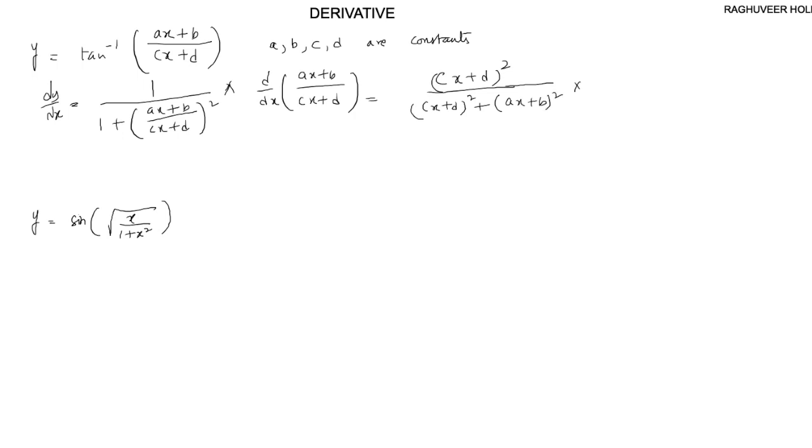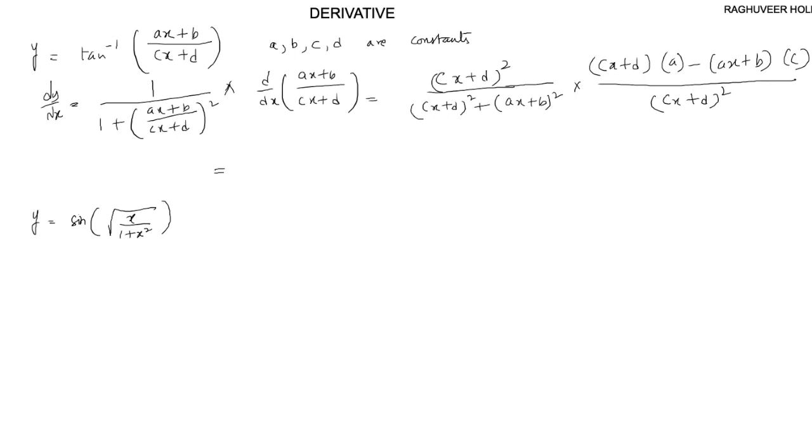So multiplied, this is (cx + d), differentiation of ax + b will be a, minus (ax + b), differentiation of cx + d will be c. So this divides by (cx + d) whole square, right?